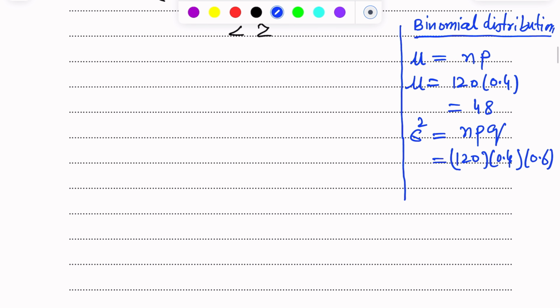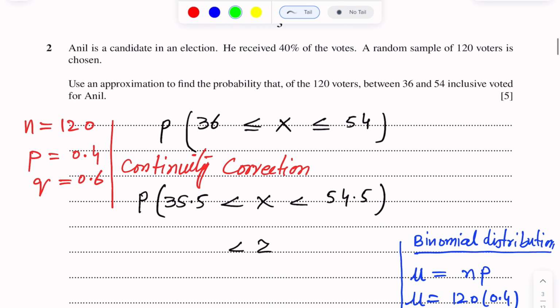We find sigma from here. Taking the square root, sigma will be 5.367.